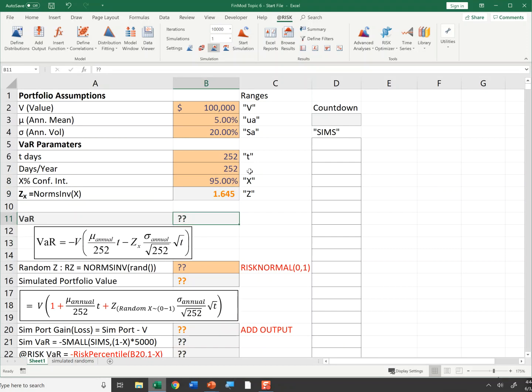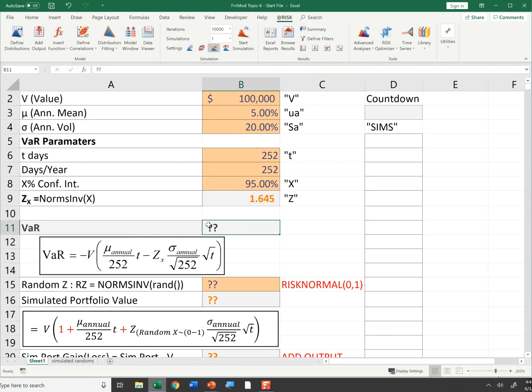So I am going to calculate the VaR using that formula we just reviewed. I'm going to take minus my V, my portfolio value today, times open the annualized mean, 5%, divided by 252.